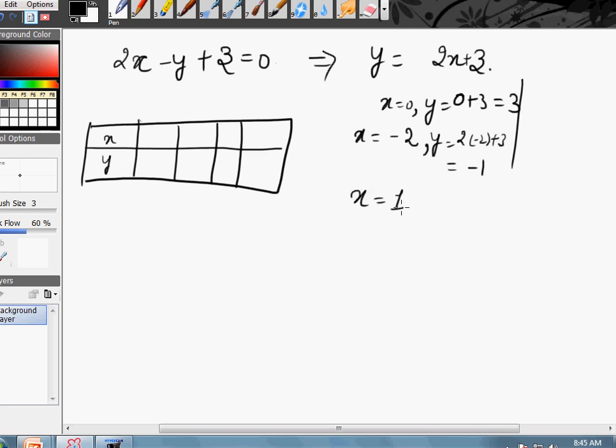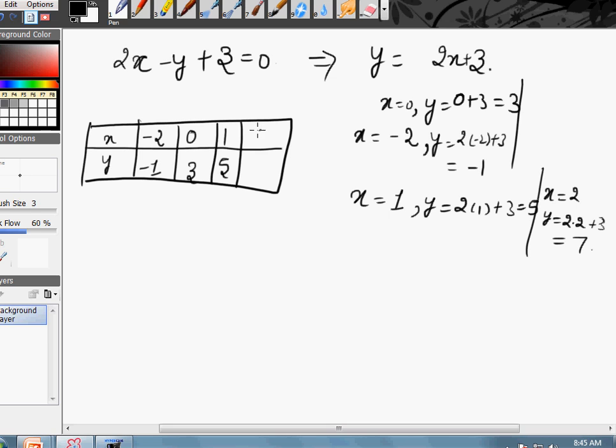At x equal to 1, y equals 2 into 1 plus 3, which is equal to 5. And at x equal to 2, y equals 2 into 2 plus 3, which gives us 4 plus 3, which is nothing but 7. So at minus 2 of x, y equals minus 1. At x equal to 1, y is 5, and x equal to 2, y is 7.